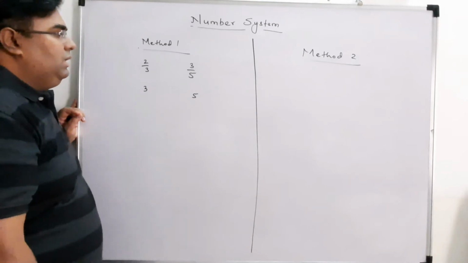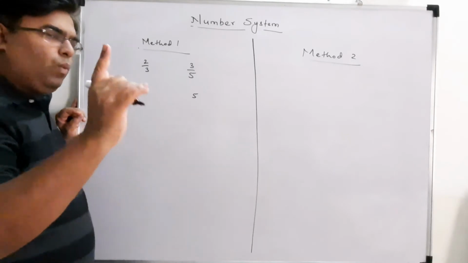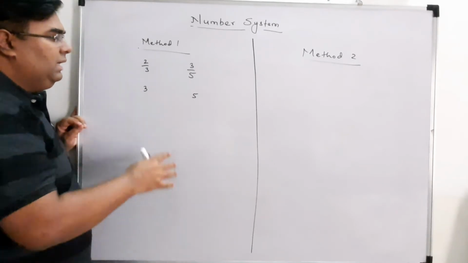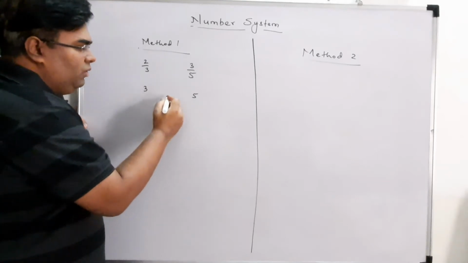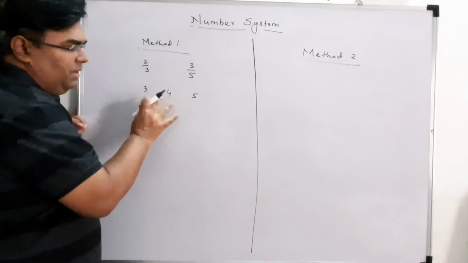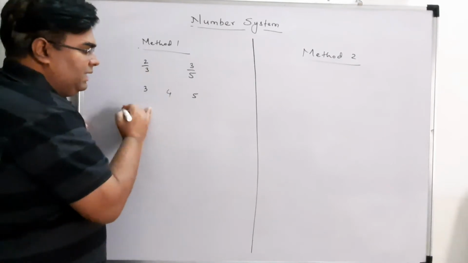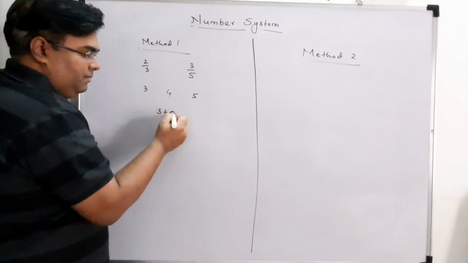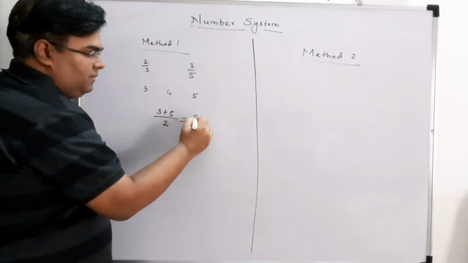So let us understand. First we will find one number between these two numbers. We already know that 4 is in between 3 and 5. The first method is that you first add the numbers and divide by 2.